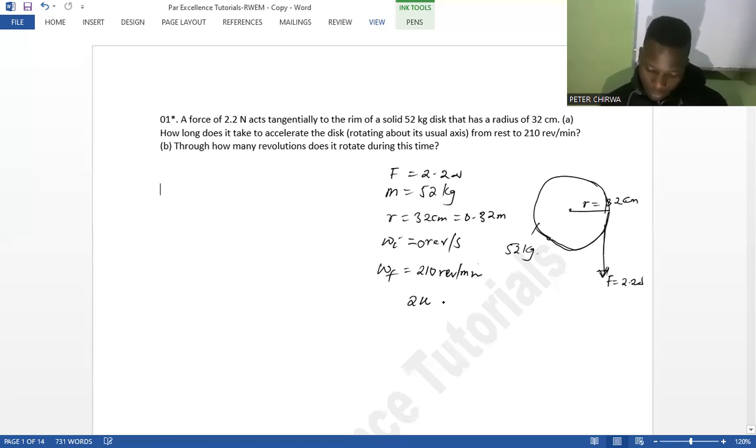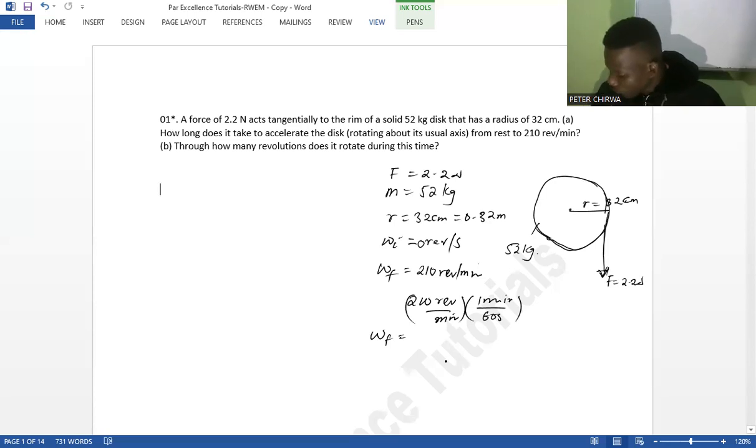We know that we're going to have rev per minute, and in a minute we have 60 seconds. So here we're just interested in converting minutes to seconds. Once you do that, what you get is actually 3.5 rev per second.